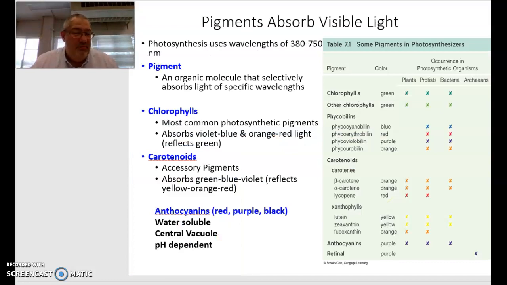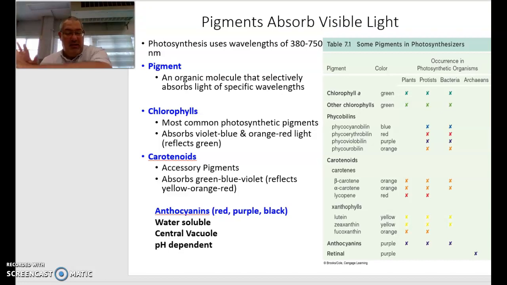Pigments absorb visible light energy from the sun, and they can transmit this energy to produce, say, ATP. They can absorb this energy and split water molecules, as you will see in video 2. Pigments are organic molecules.